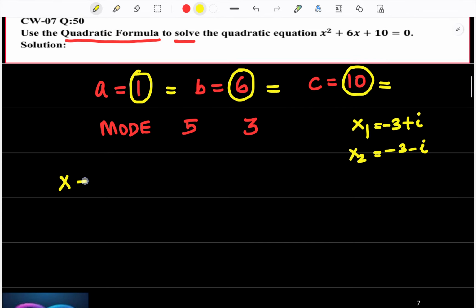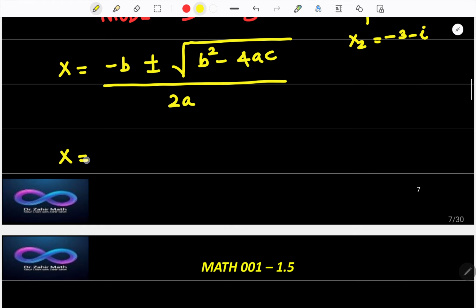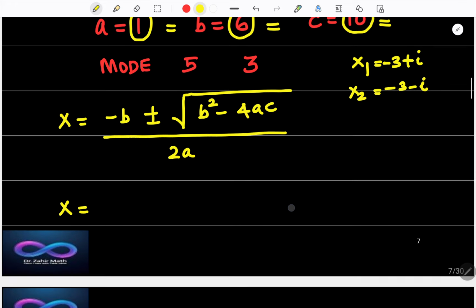Let us use the formula. x equals minus b plus or minus square root of b squared minus 4ac, divided by 2a. So x equals minus b. What's your b? 6.